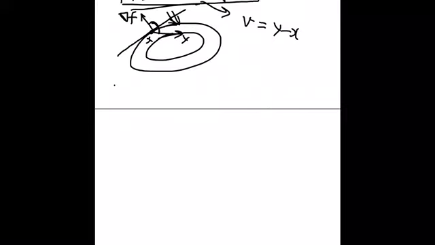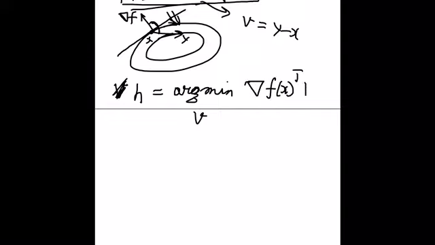Let's call this h. h is the steepest descent direction, given as the argmin with respect to v of gradient of f of x transpose v, such that the norm of v is less than or equal to 1.